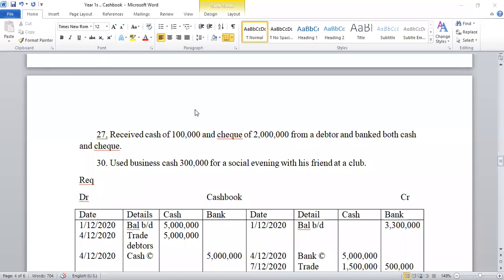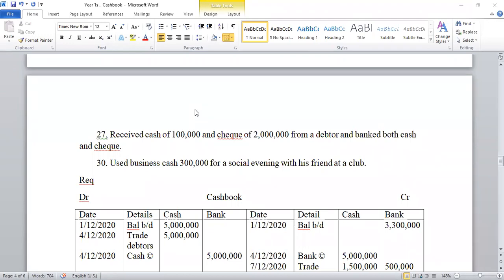So I was saying we're looking at a three-column cash book. I told you it involves discounts. Now, since we're looking at a two-column cash book, I intend to stick to that, and we go forward.